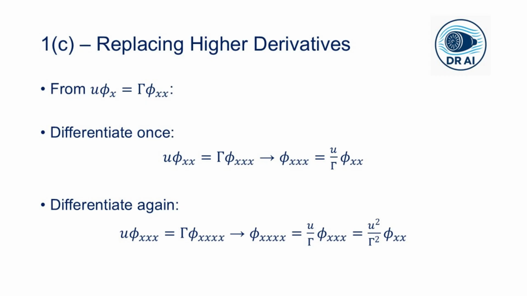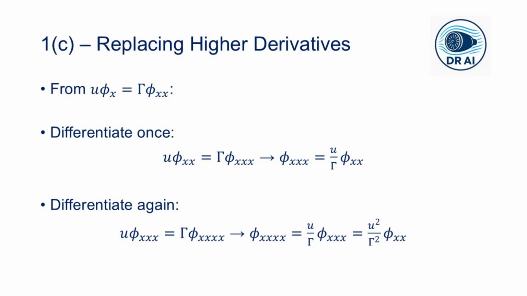If we differentiate again, we get the further relationship: psi with four x subscripts equals u squared over the coefficient squared times the double derivative of psi in the x direction.